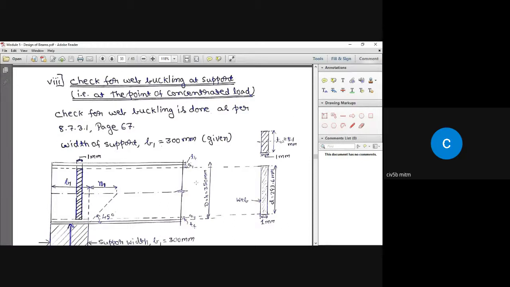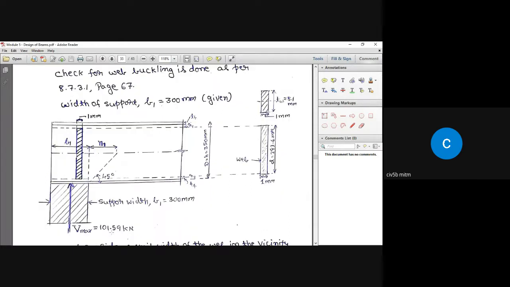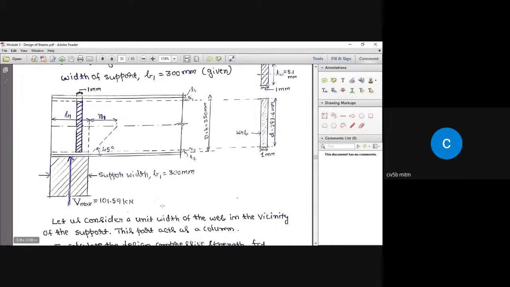Okay, so in this case, check for web buckling is the next step. Web buckling happens at the point where the concentrated load is active. In this case, the beam is uniformly distributed. If at all there is a concentrated load, there is a reaction, and the magnitude of the reaction is equal to the maximum shear force of 101.59 kilonewton.